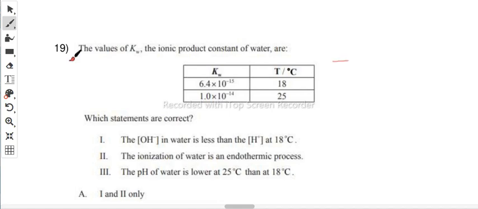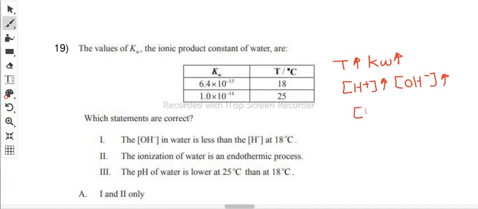So we can find that if the temperature increases, the Kw also increases. And of course, we remember that the H positive also increases, the OH negative also increases, but both of them will have exactly the same values. All of these tips should be inside your mind anytime we are talking about the Kw.